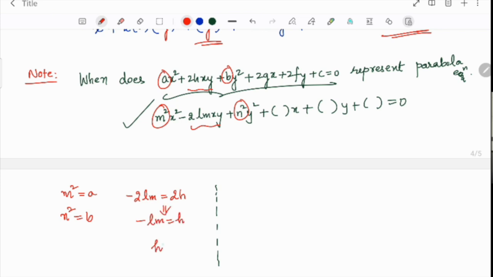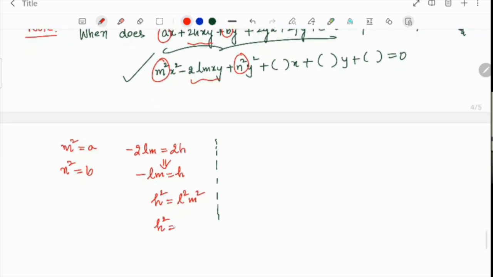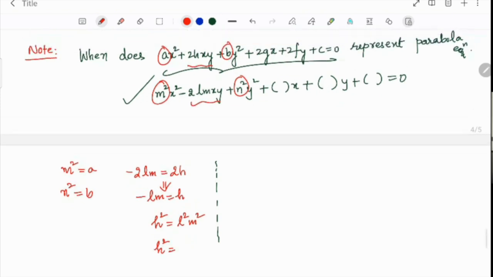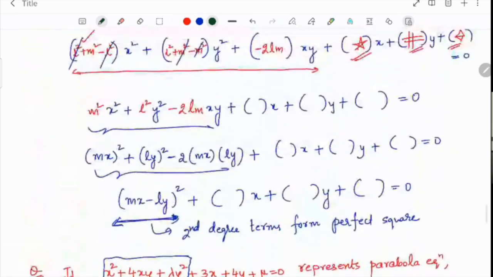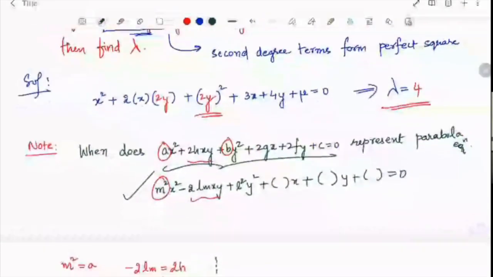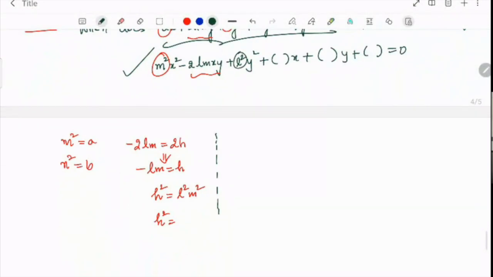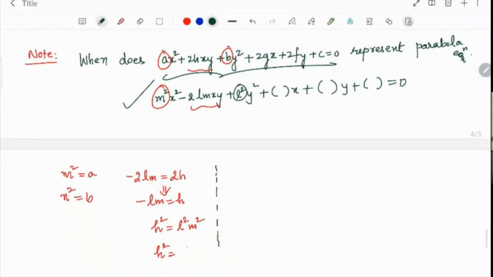Now square both sides: h² is equal to l² m². So h² would be equal to l² m², that is a times b, not n². Let's check once. Yeah, l² m² is ab.